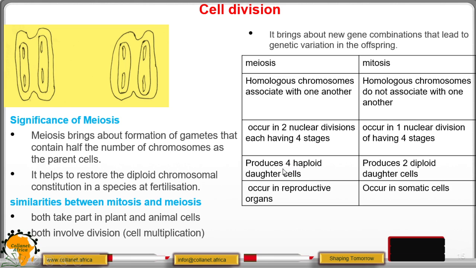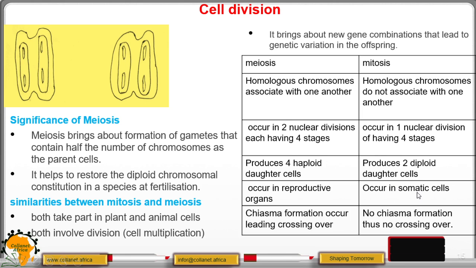Then meiosis produces 4 haploid daughter cells, but mitosis produces 2 diploid daughter cells. And we have said meiosis occurs in reproductive organs, but mitosis occurs in body or somatic cells.